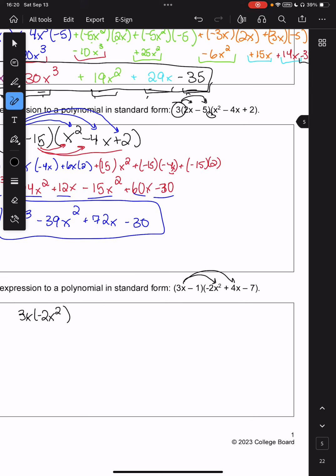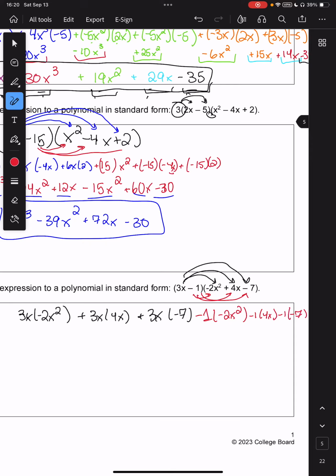Then our 3x to our 4x. So 3x times 4x. Our 3x times our negative 7. Then we're going to multiply out our negative 1 to our negative 2x squared, our negative 1 to our 4x, and then our negative 1 to our negative 7.